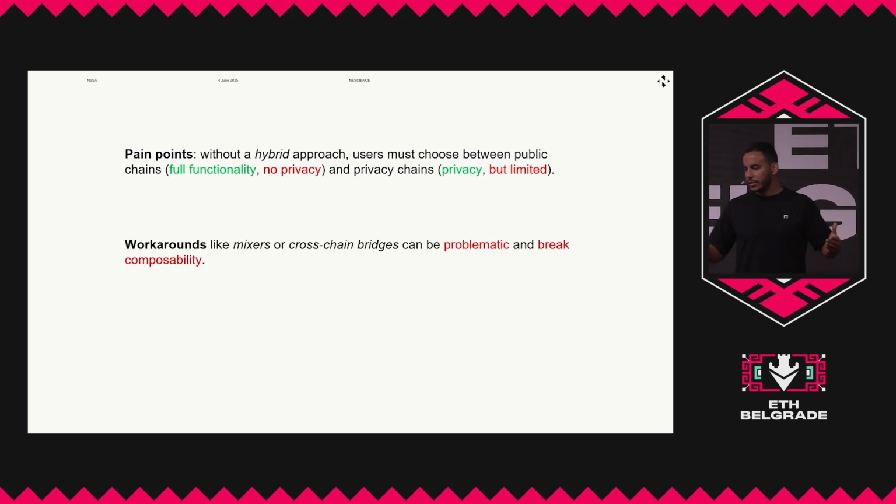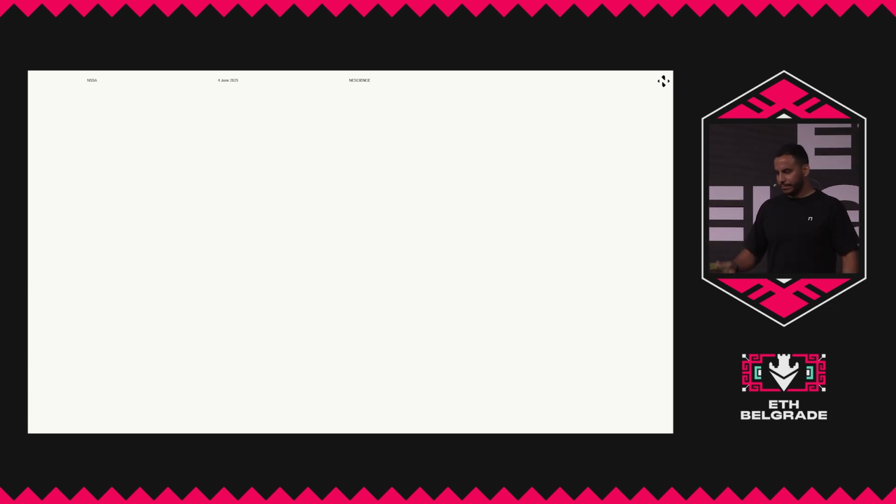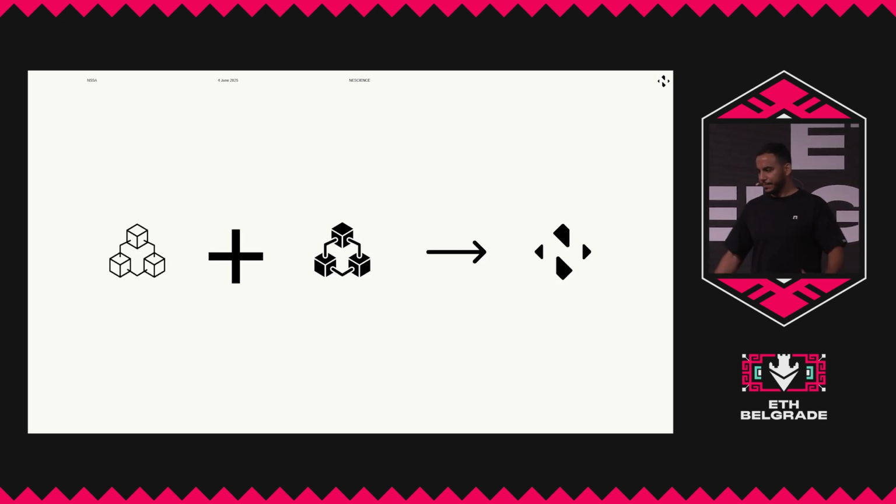There are some workarounds, like mixers or cross-chain bridges, but these can be problematic, and sometimes they break composability. So what we need is an architecture that can combine public and private transactions and work together under the same platform. So what we are trying to do is to combine public state and private state together.